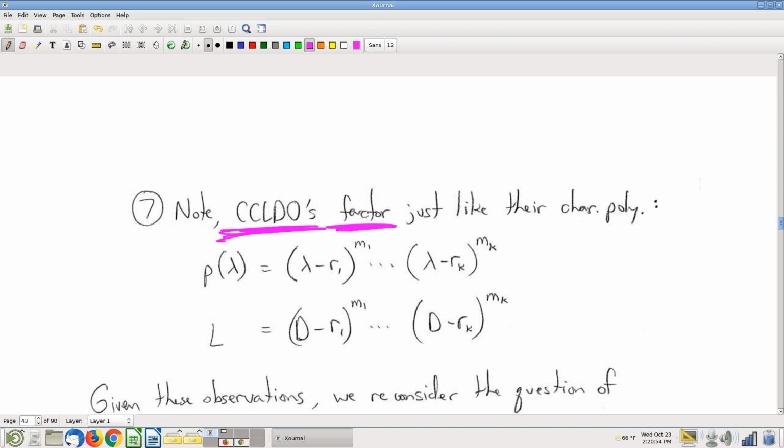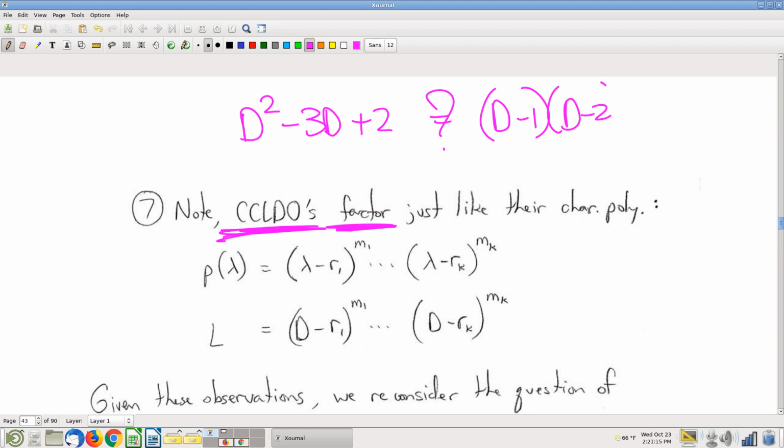For example, what if I have d squared minus 3d plus 2? Can I factor this? Are you allowed to just factor things? Well, yeah, no problem. I propose that this is d minus 1 times d minus 2. Now, can you do that? Is that legal?